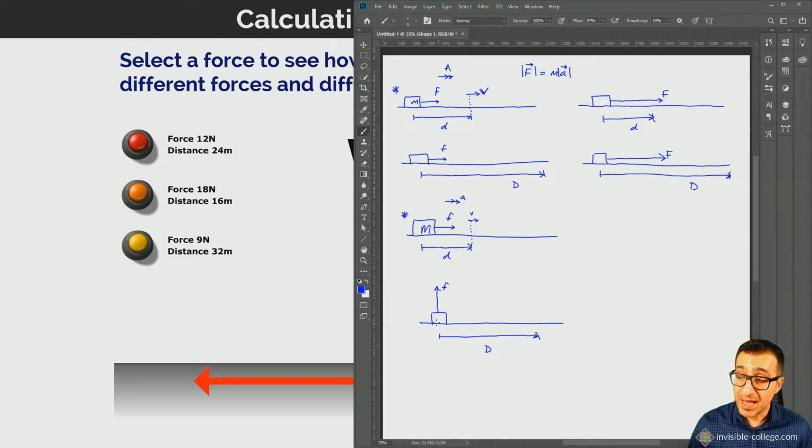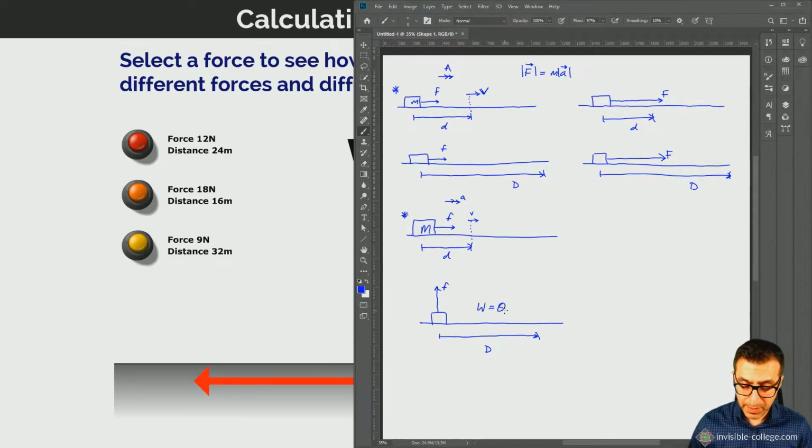It is not in any way affecting this system in terms of its motion. And so the correct answer here is that it does no work on this object. It is not changing the system in any meaningful way. It's not altering the motion of this object. It's not producing any acceleration or any other effect along the line of the displacement. So in this case, the work done by the force is zero.